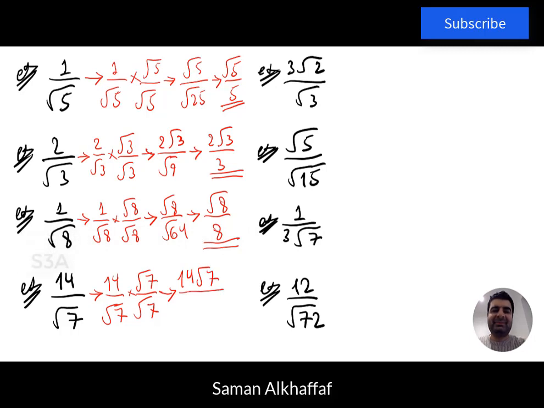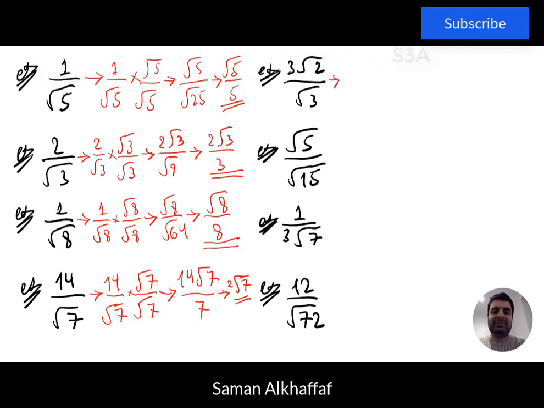Or we can again take it as root of 49, and the root of 49 is 7. We can also further simplify this by dividing the 14 over 7, so it would give us 2 root 7 as the final answer.